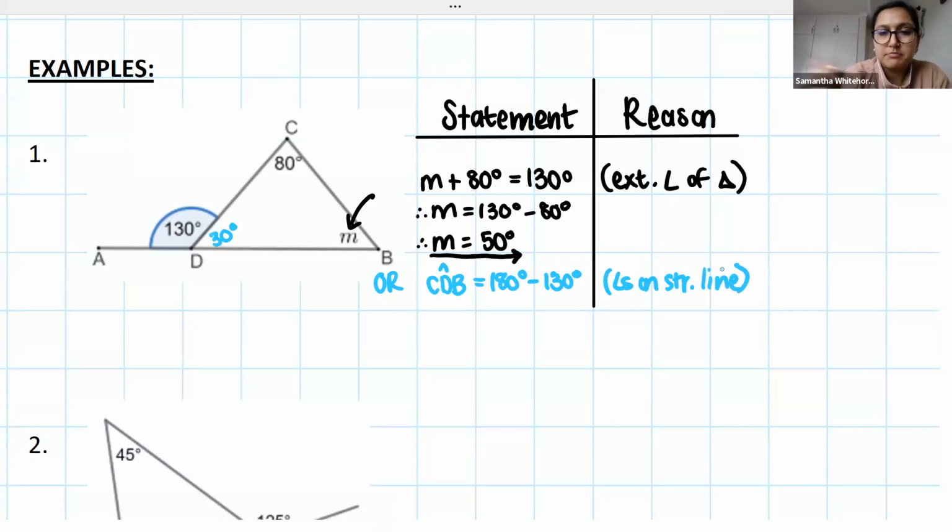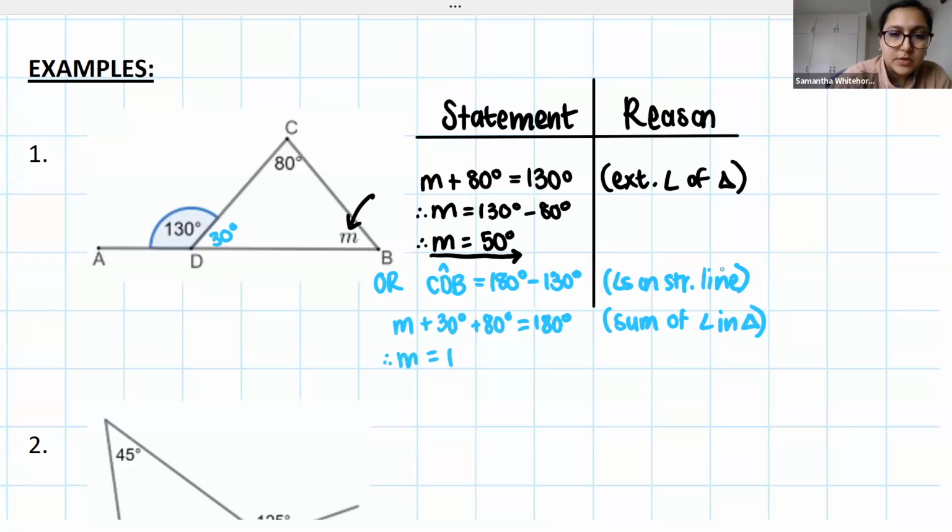So you know that M plus 50 plus 80 must be equal to 180 degrees. Your reason: sum of angles in a triangle. And so M is equal to 180 minus 50 minus 80 degrees, which gives you 50 degrees. Oh, so sorry, I do mean 50 instead of 30.